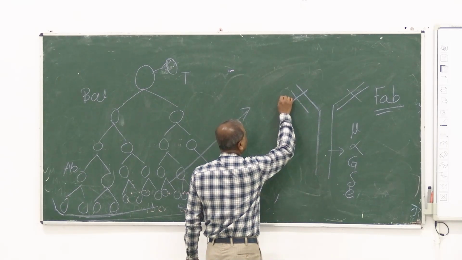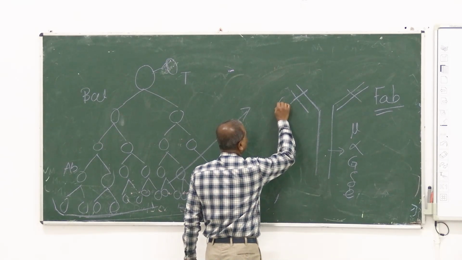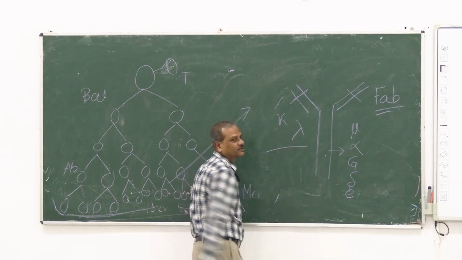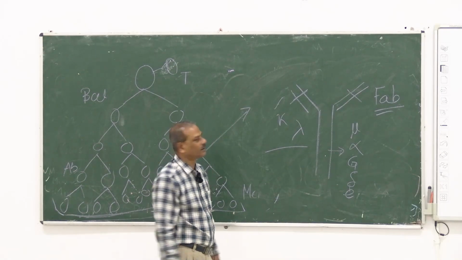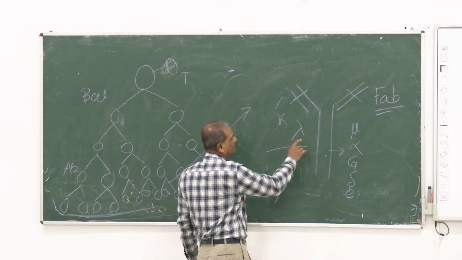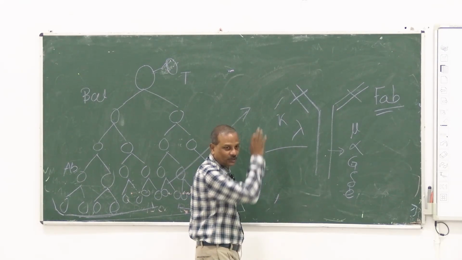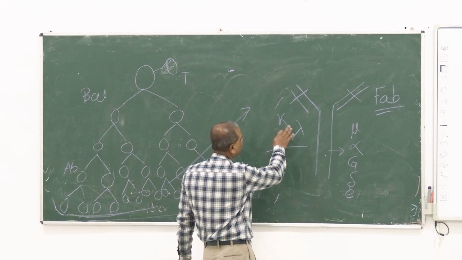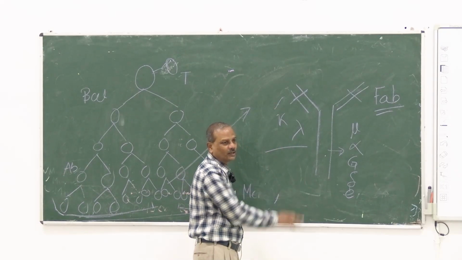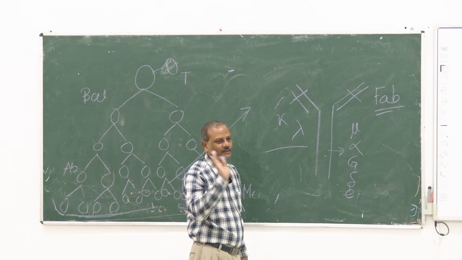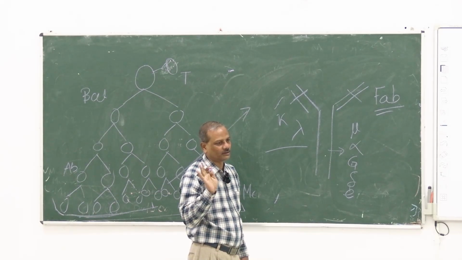The light chain will be either kappa type or lambda type, not a mixture of both. Remember, heavy chains are of 5 types, and light chains are of 2 types, kappa or lambda, but in a given antibody molecule it is either kappa or lambda, not others.